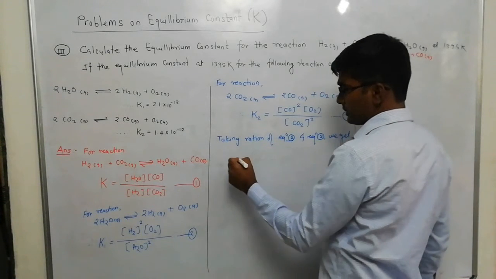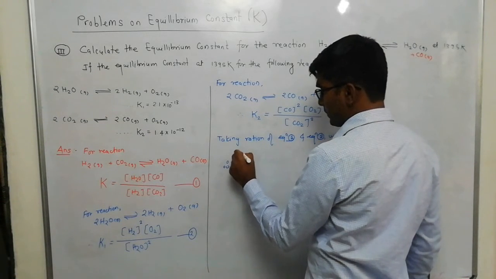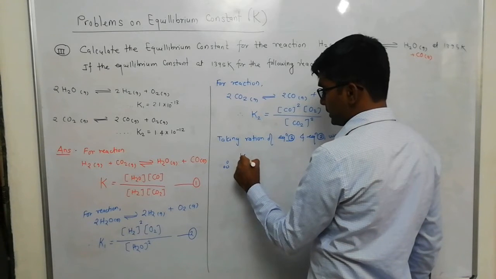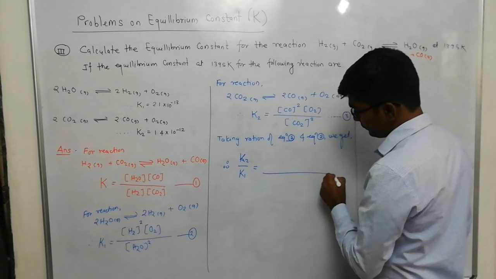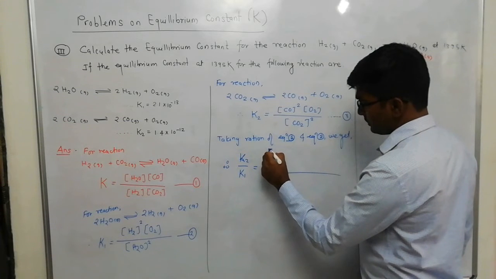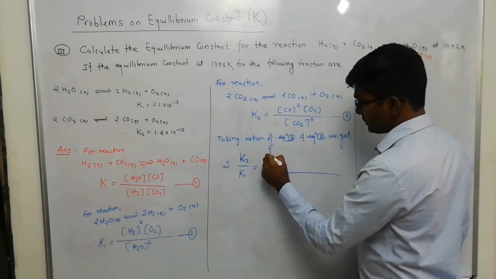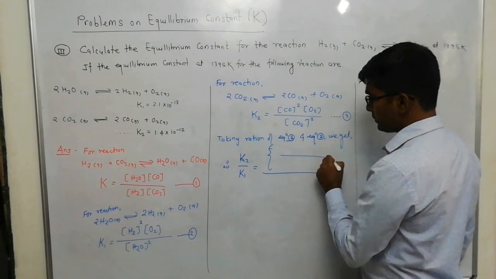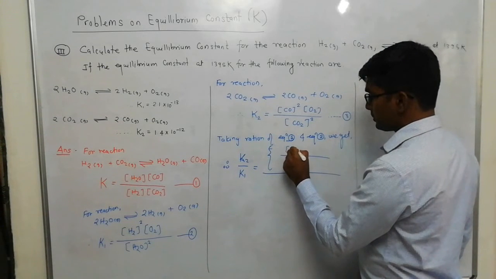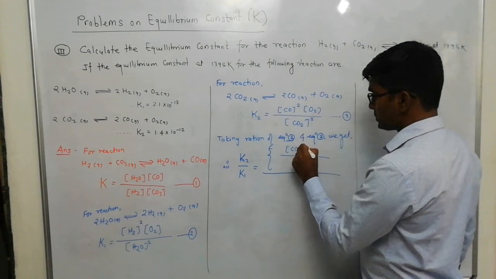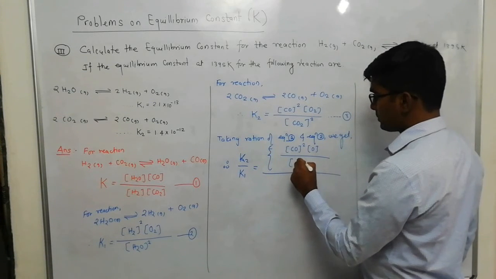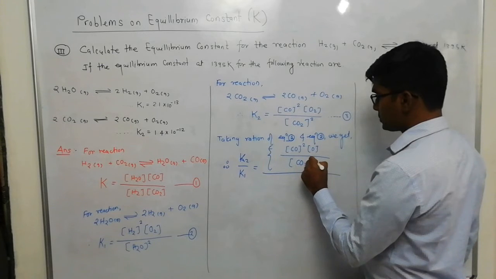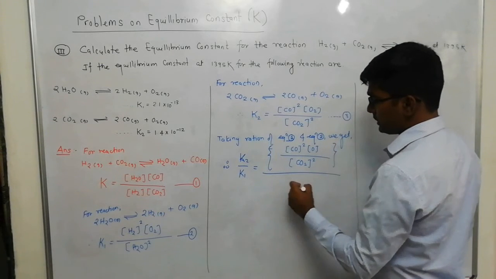Write down therefore K2 upon K1 is equal to, in square bracket, K2 value: concentration of CO square into O2 upon concentration of CO2 square.